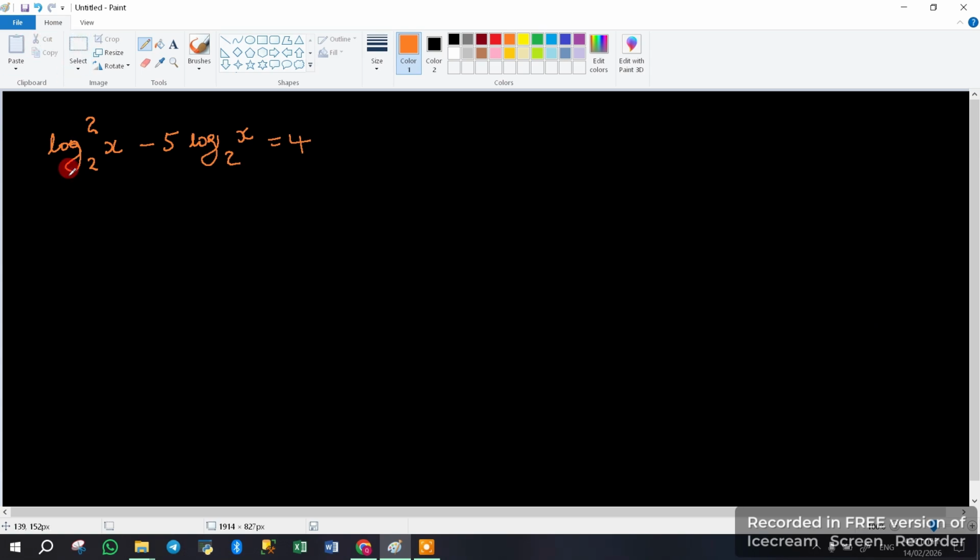So on this, the first thing you're going to do is write this one in standard form. This means just log x base 2 squared. So you can write it as log x base 2 squared minus 5 log x base 2 is equal to 4.